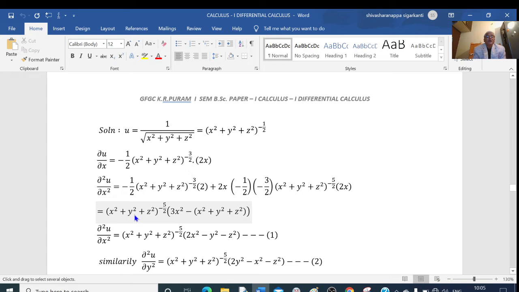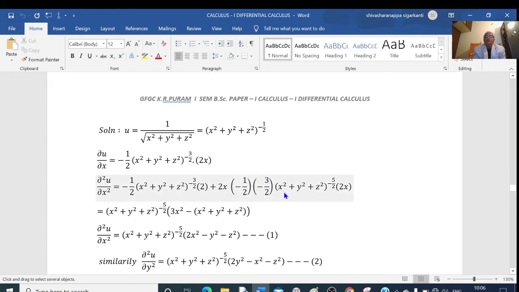I will take (x² + y² + z²)^(-5/2) as the common factor. This consists of -5/2, this also consists of -5/2. Then here I am getting 3x and x, that is 3x², with minus into minus, plus.